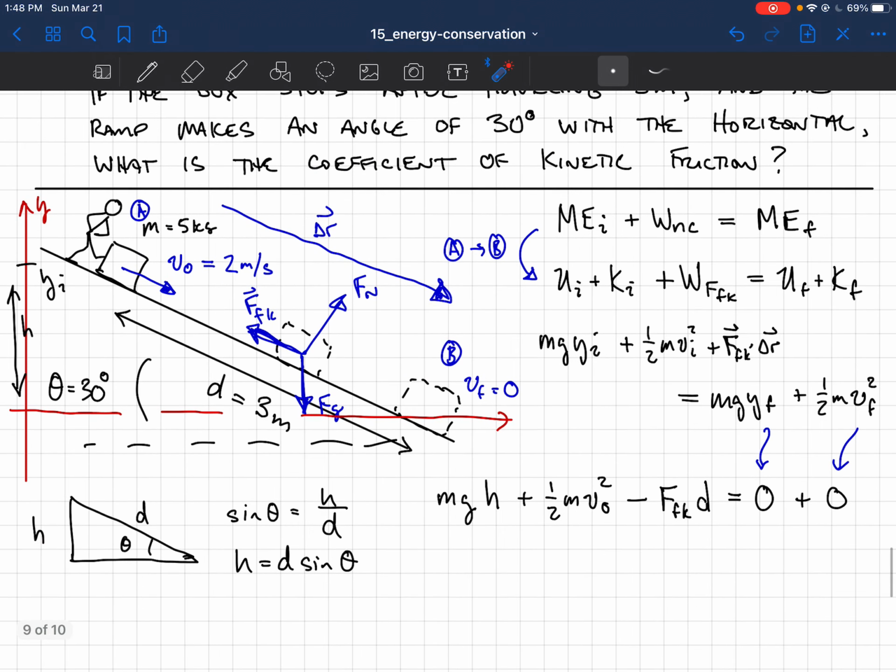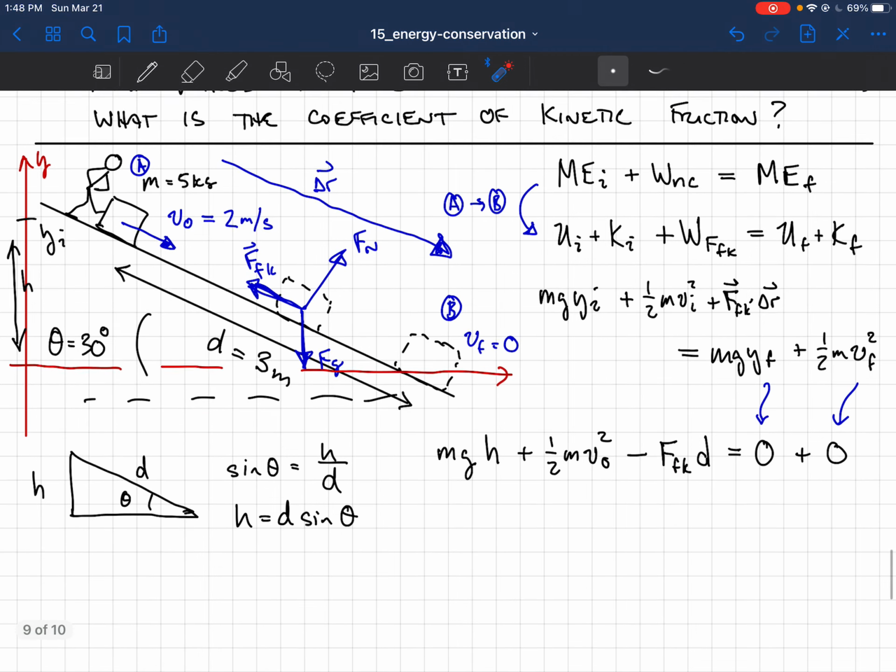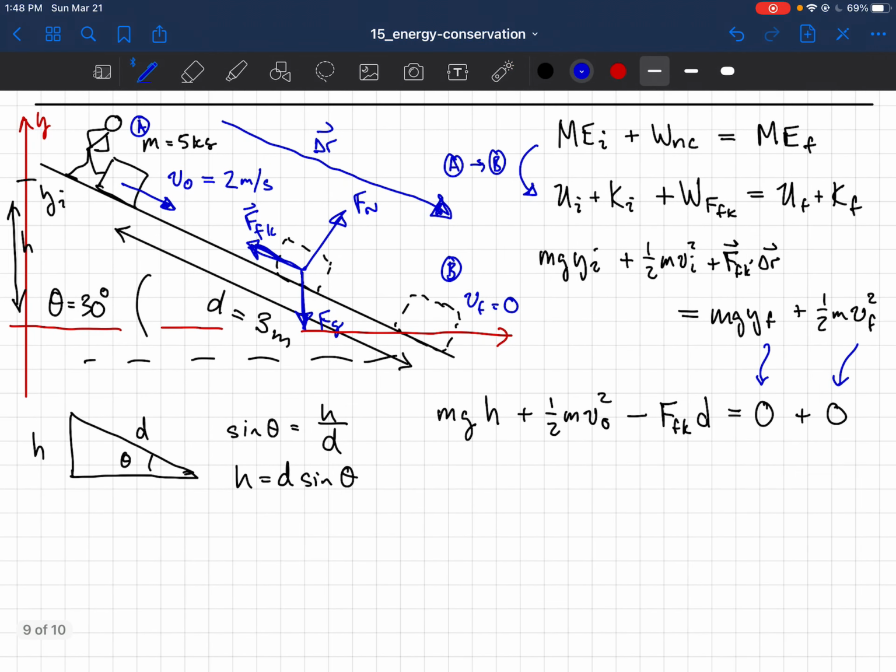Okay, so the question was, what is the coefficient of kinetic friction? So that's going to be inside of here. I think I need to do a little bit of work to find it, because the force of kinetic friction is going to be equal to mu k Fn, and Fn, well, I have to do Newton's second law in order to find it.